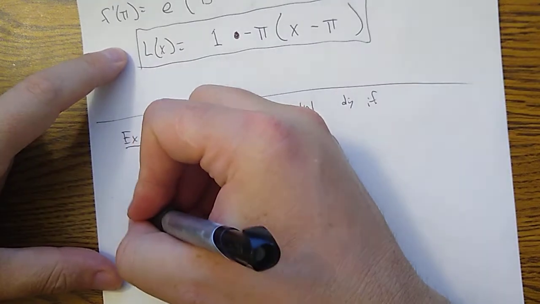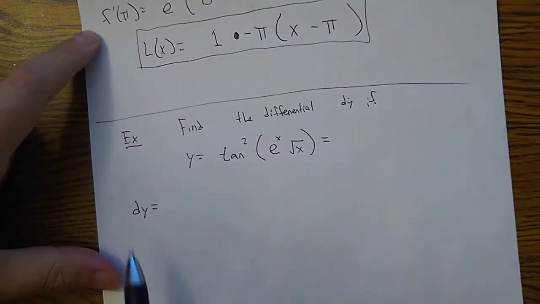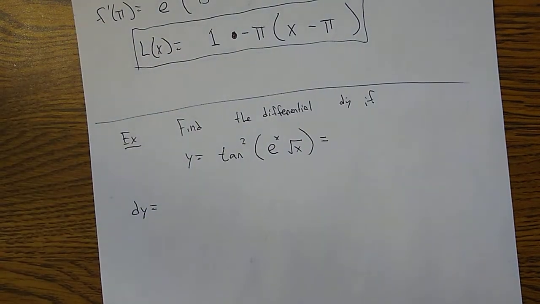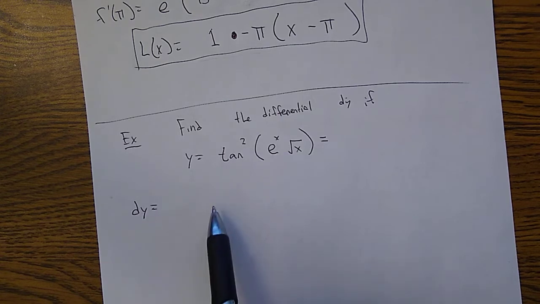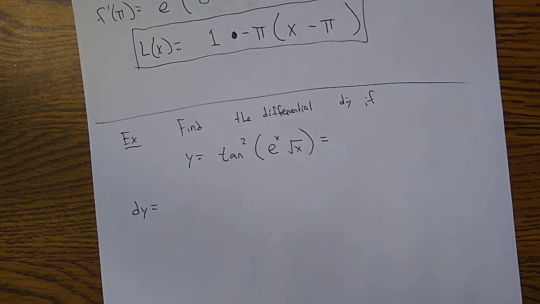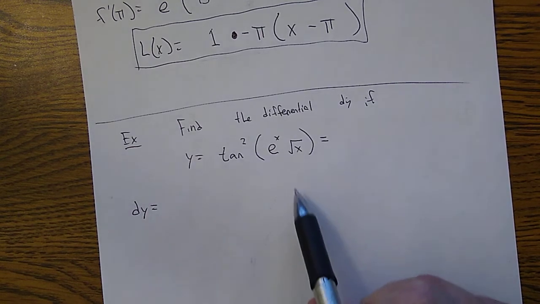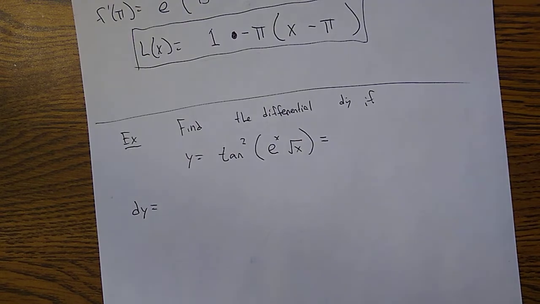Of course, maybe I can start writing dy. Really, again, this example is just a sneaky way of me sneaking in some practice taking derivatives. dy is just the derivative times dx. So all of the work for this problem is just finding the derivative. All I have to do is find the derivative and then write dx there.